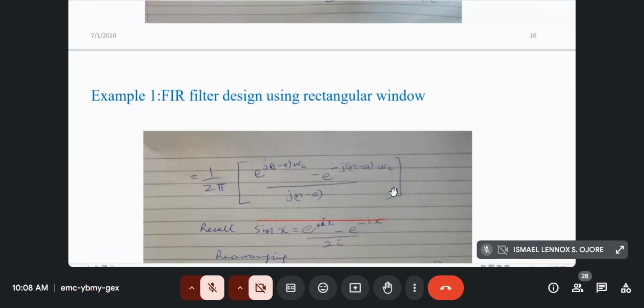Sin of x is e to the power of ix minus e to the minus ix, over 2i.